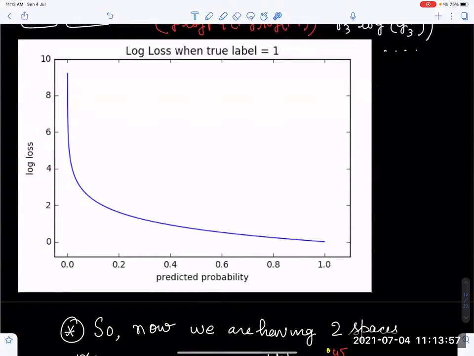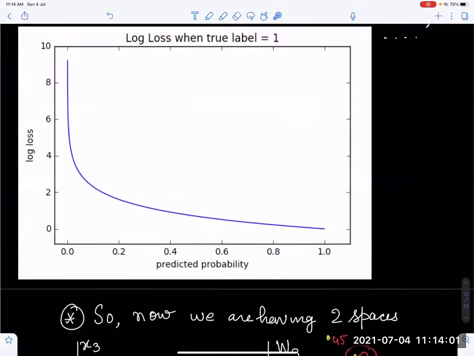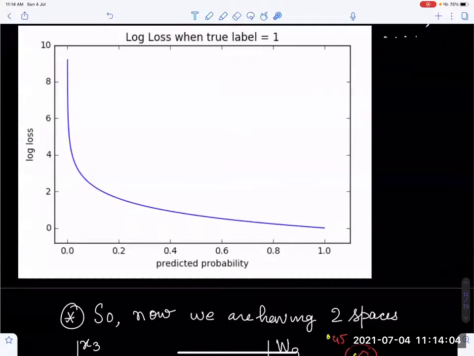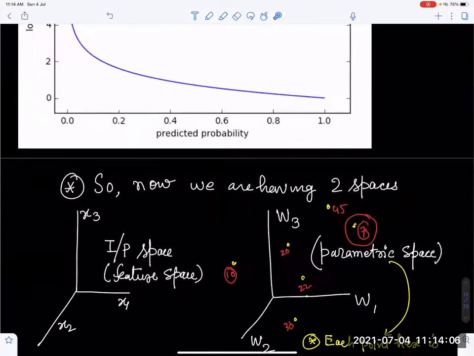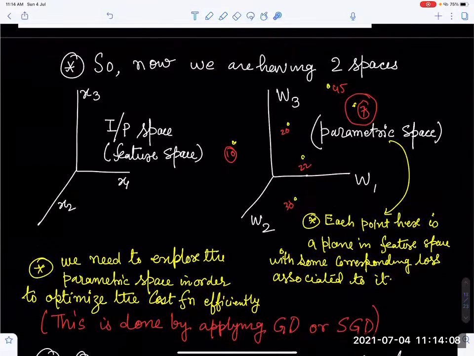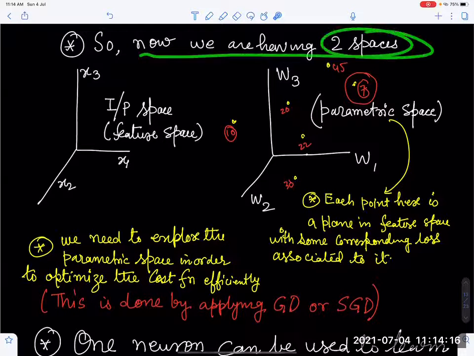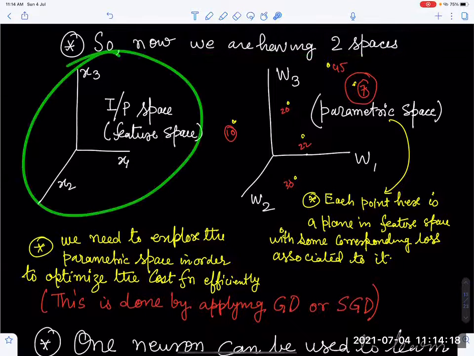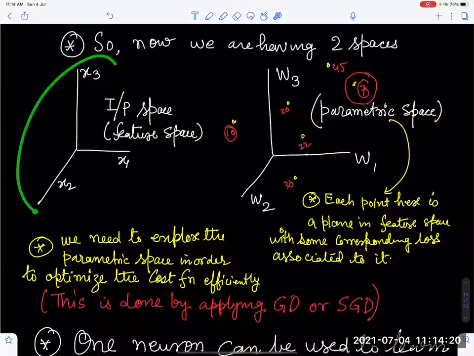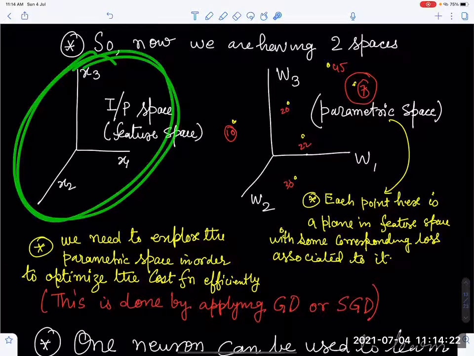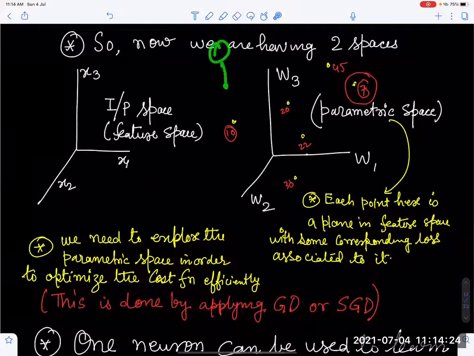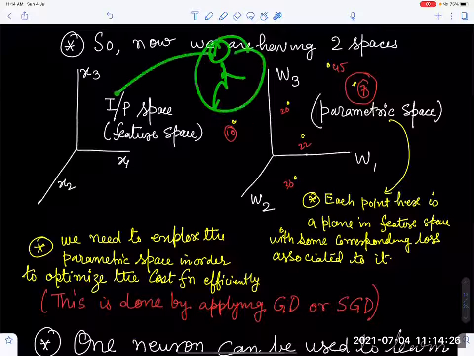So this graph is also trying to show that your log loss performs well and takes you in the correct direction. Now you can see that we have two spaces. Space number one is the input or feature space, the points space, where any data point is projected.